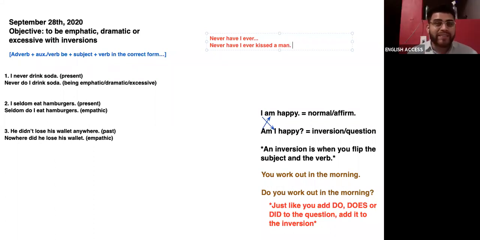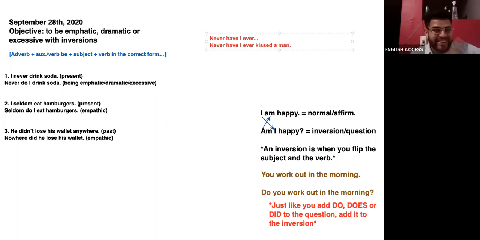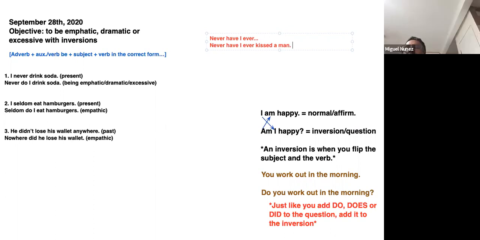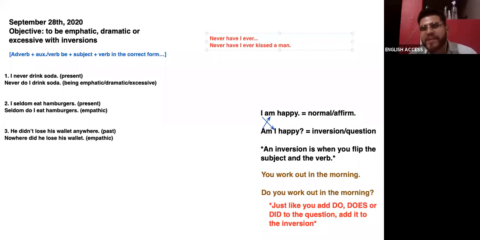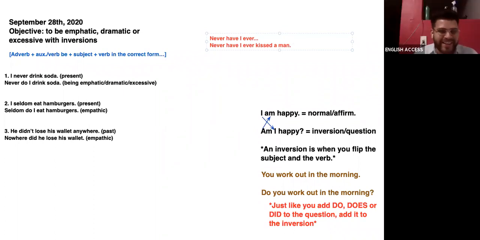And if anybody around me has kissed a man, they need to take a shot of tequila. In Spanish it's yo nunca, nunca. In the classroom, you can play this game too, but instead of taking a shot, they need to take a seat. They need to sit down, and the winner wins something.